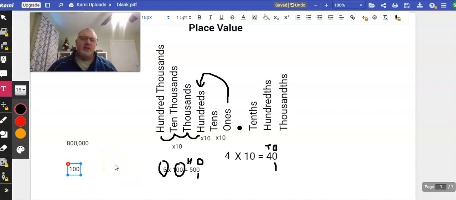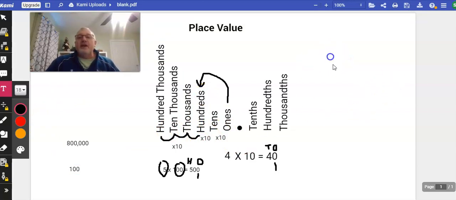So as we go through this, the idea for them is to understand that as I'm moving things back and forth, dividing or multiplying, I'm taking zeros away or I'm adding zeros based on 10. 10 allows me to basically just move the decimal point, okay? Which means I'm adding zeros or taking zeros away.